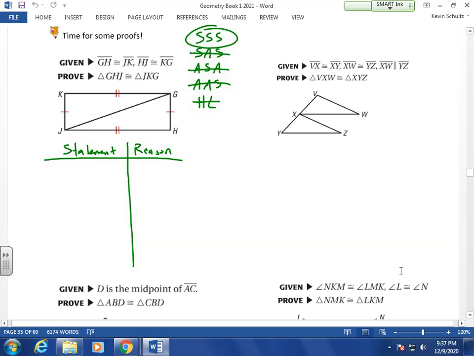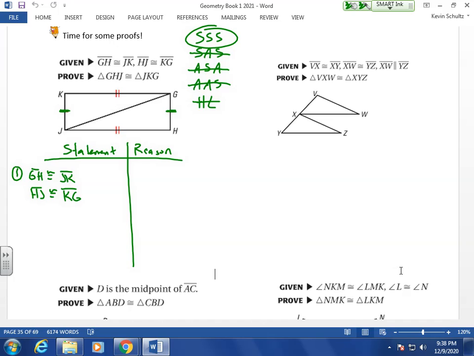Okay. My given statement, I'm told that side GH is congruent to side JK. I'm also told that side HJ is congruent to side KG. And they're marked here also. GH is right there, marked congruent to side JK.